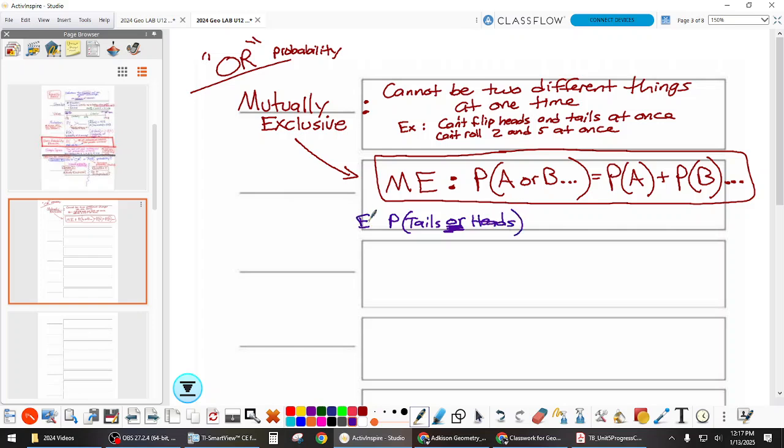And we're calling this an example. So this is probability of tails plus probability of heads, which is 1 out of 2 plus 1 out of 2, which is 2 out of 2, or just 100%. Make sense?